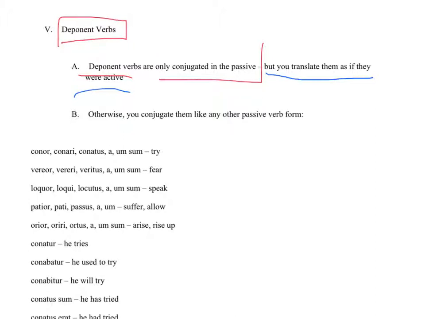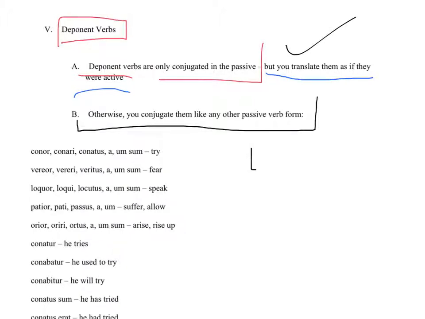Again, I'm going to have to show you examples probably to make that clear. But it's very easy to do deponent verbs. You conjugate them like any other passive verb form, and you've learned all the passive verb forms now. There's nothing irregular about their actual conjugation. It's just that they never are conjugated in an active form, and yet they're always translated as if they're active.